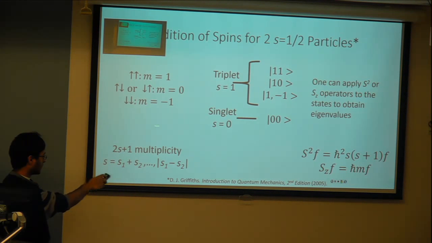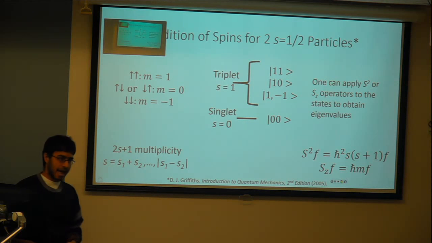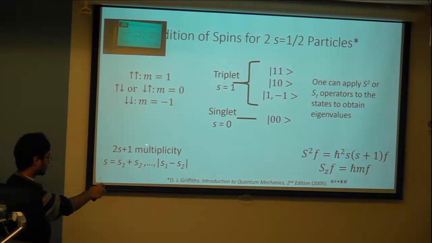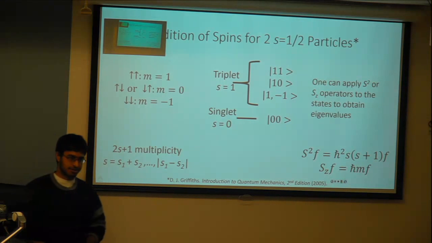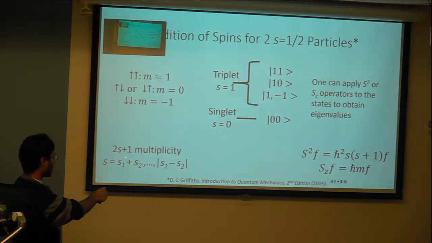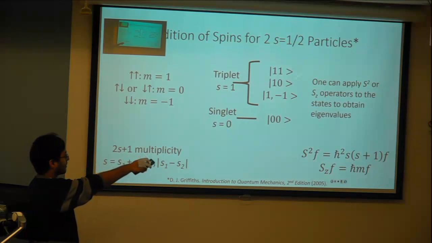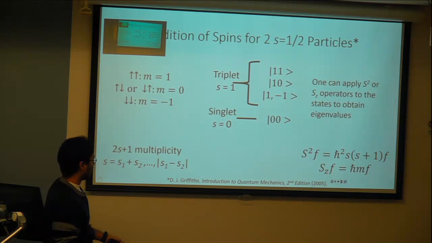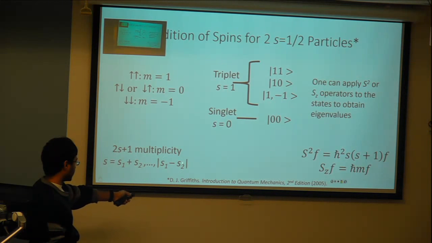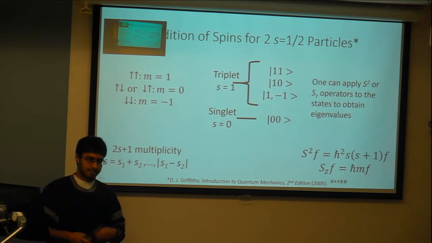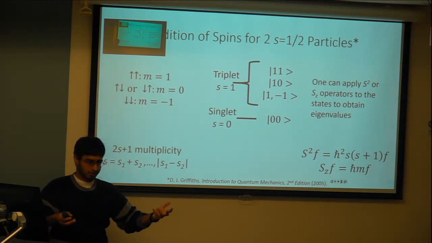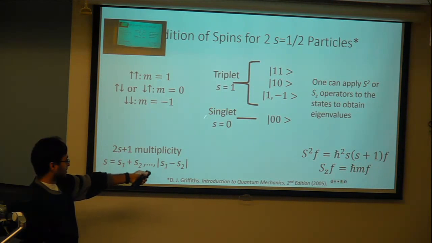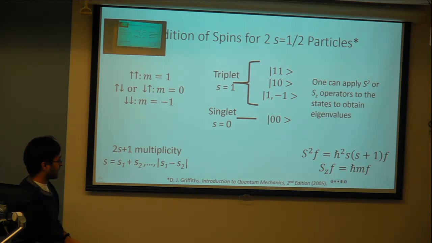Because we have to add the individual spins together, this gives us 2s plus 1 total multiplicity for spin, meaning that if we have spin 1, there are 3 different possibilities as represented by what we call the triplet state. Whereas this final possibility, where you take the difference of the spins of the individual electron and the individual proton and take the absolute value, will give you the multiplicity 1, also known as the singlet state.